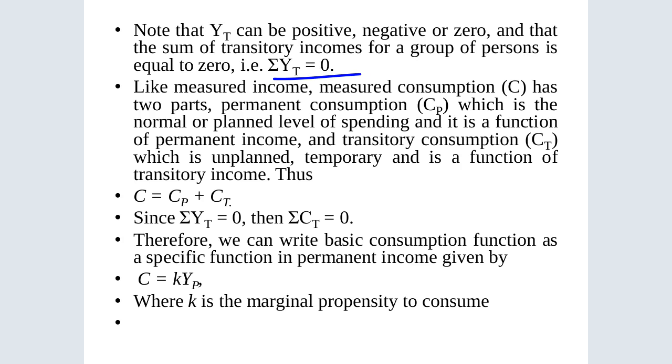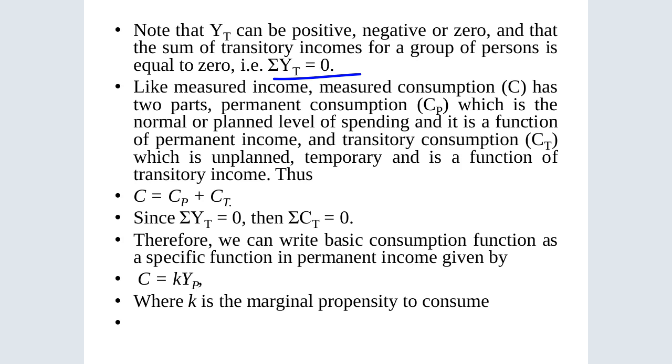That is why this hypothesis emphasizes that consumption depends on the permanent income, because the transitory income can be zero, negative, or positive, and it is a short-term increase or decrease.